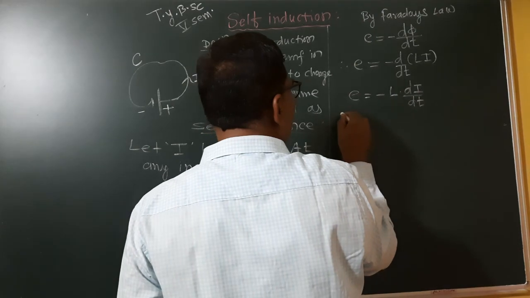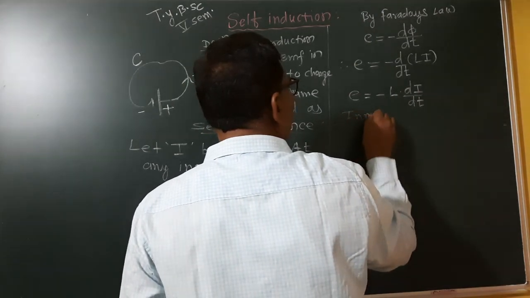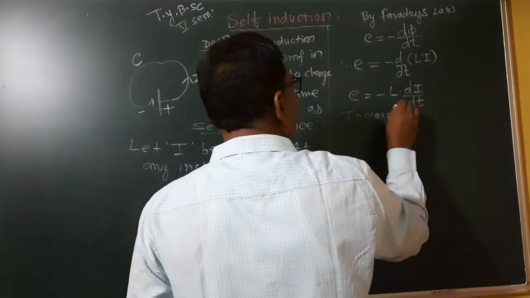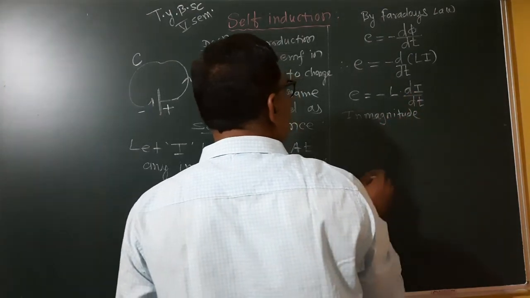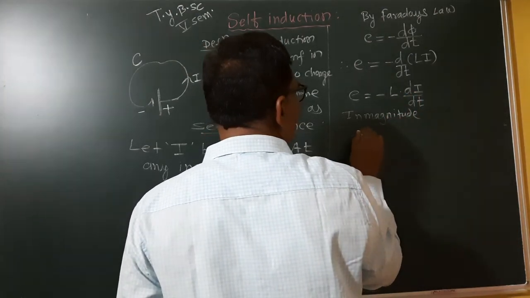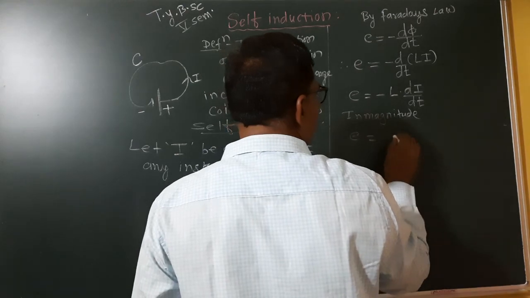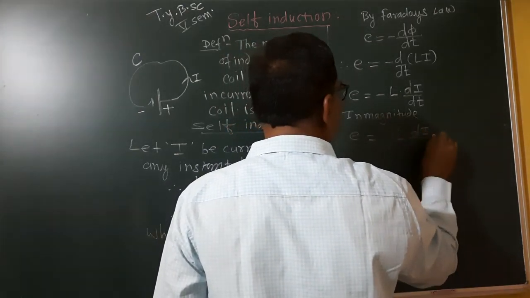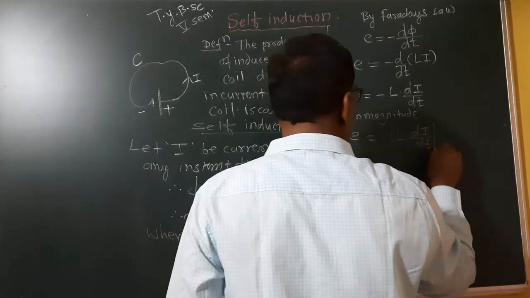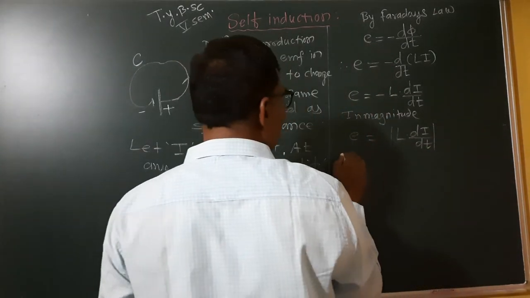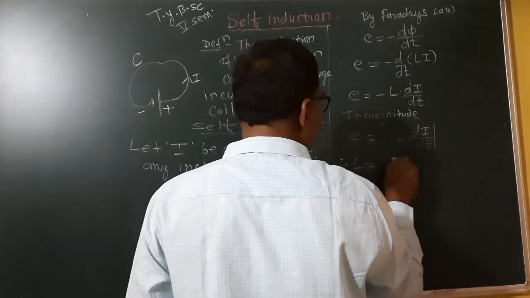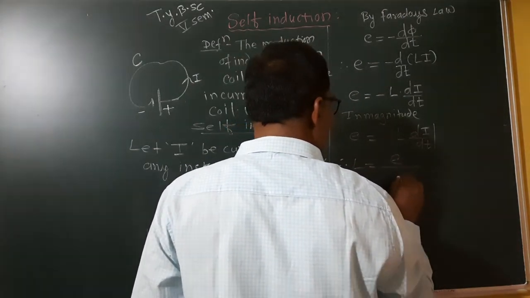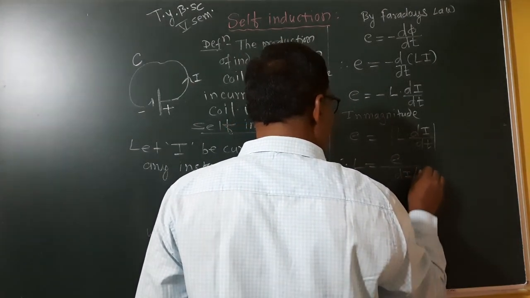Therefore, in magnitude, the negative sign is removed. That is, E is equal to the magnitude of L into di by dt. And finally, L is equal to E upon di by dt.